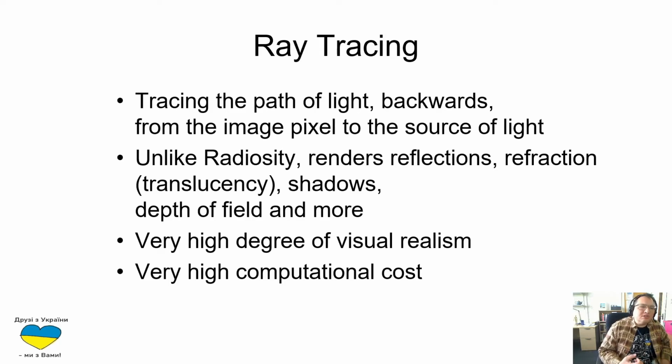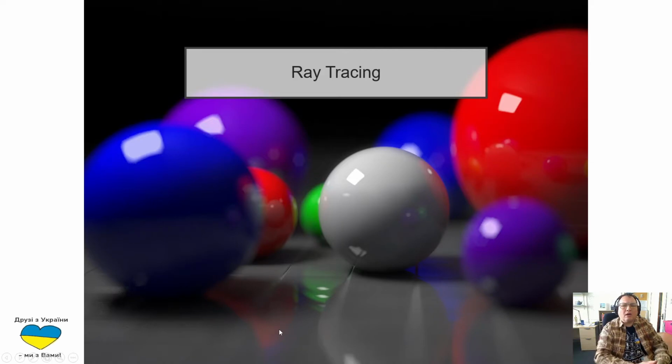Unlike Radiosity, it will render things like reflections, refractions, or translucency, so the light interacting with transparent or semi-transparent objects. It will automatically create shadows, it will automatically create depth of field, and many more. A very high degree of visual realism, but also very high computational cost.